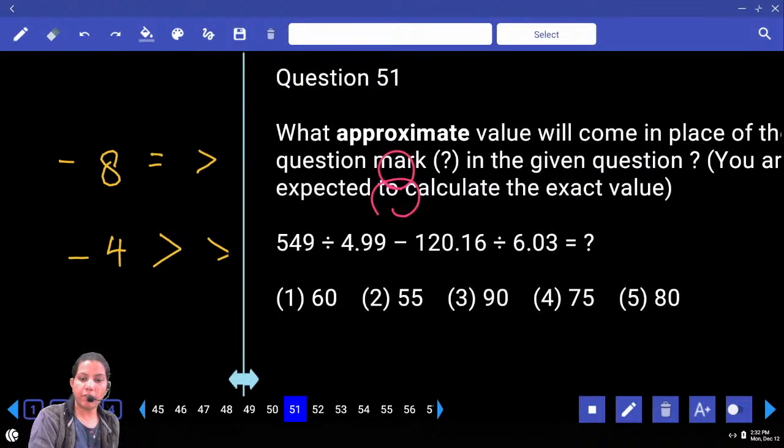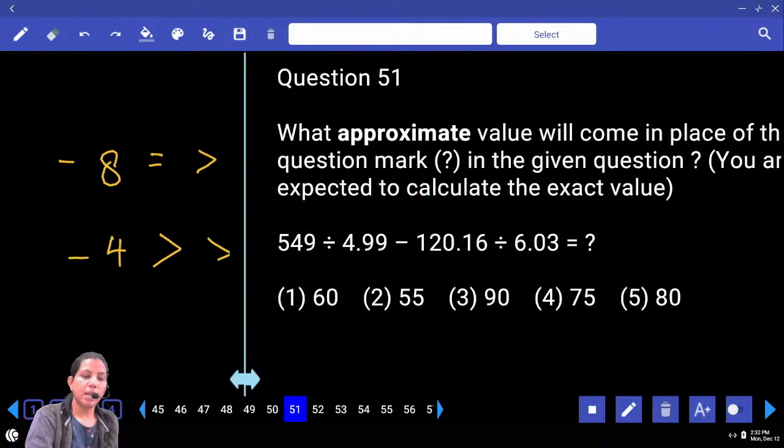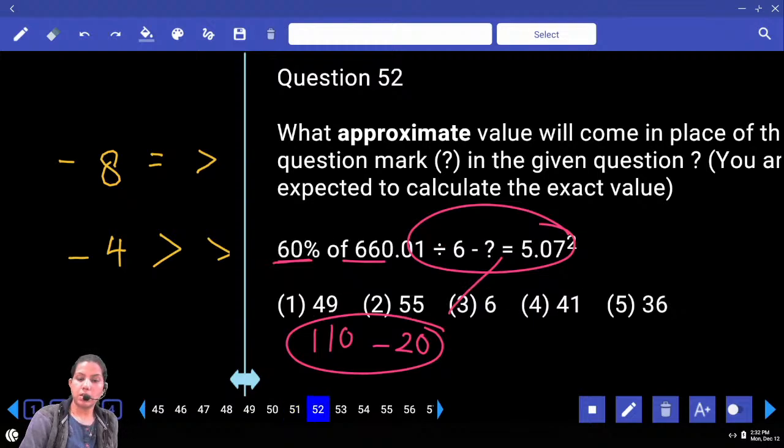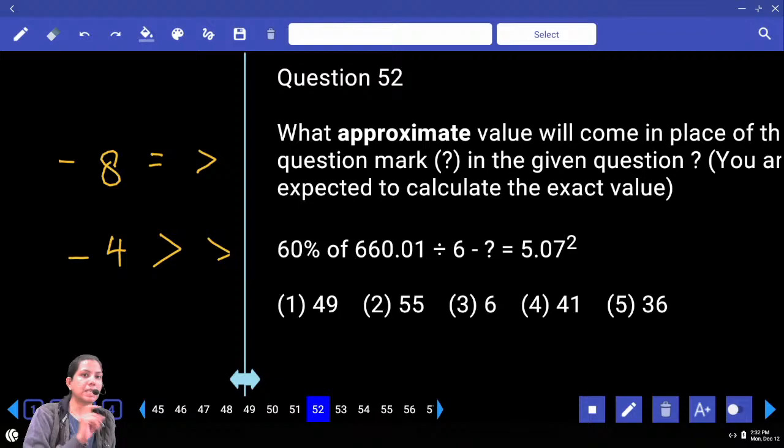Next question number 51, approximations. It is 550. Sorry, 5 done. 550 by 5 is 110, minus 120 by 6, value 20. 110 minus 20 is 90, third option. Next, question number 52. 60% of 660 divided by 6.